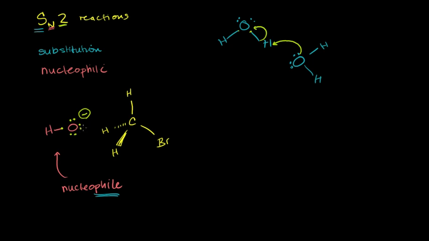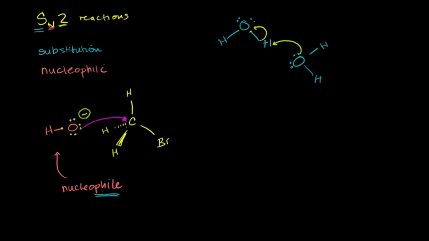So one of these electrons will be given to the carbon. I shouldn't say attack, that sounds very aggressive. And then the carbon says, oh, I'm getting an electron from this direction. It actually has a slightly positive charge at this end because the bromine is hogging some of the electrons, so they'll be attracted to each other.